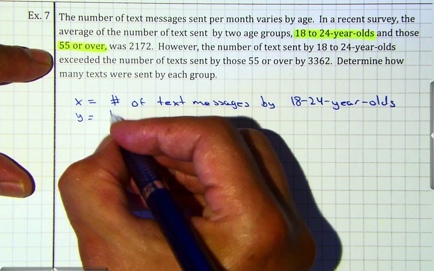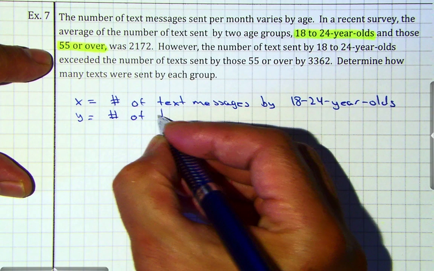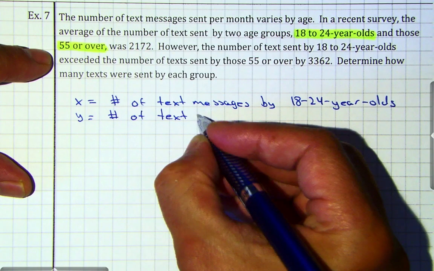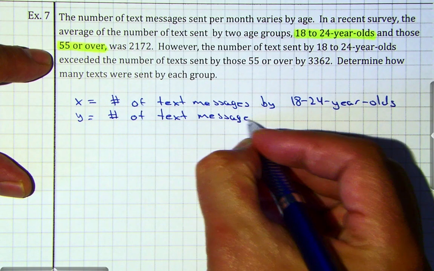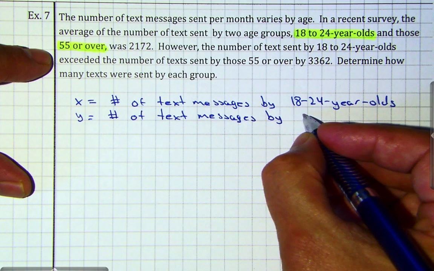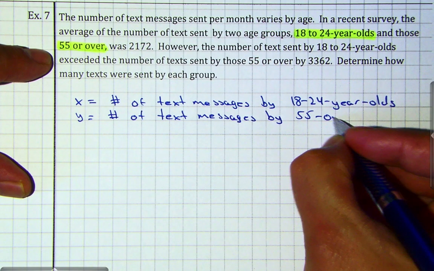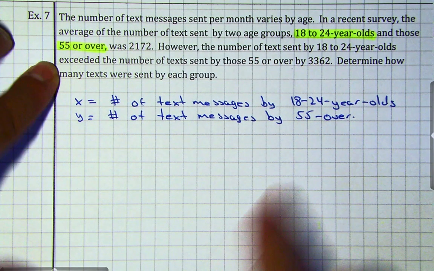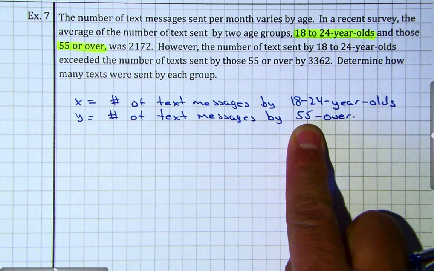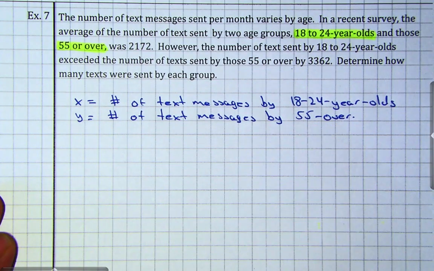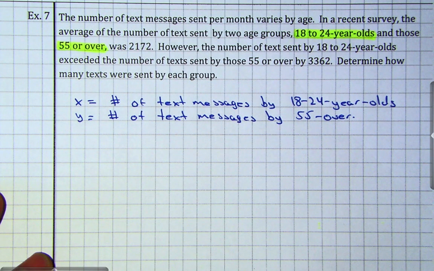And y will be the number of texts by 55 and over. So those are your brothers, and well, your parents are younger than this, right? That's your grandparents.